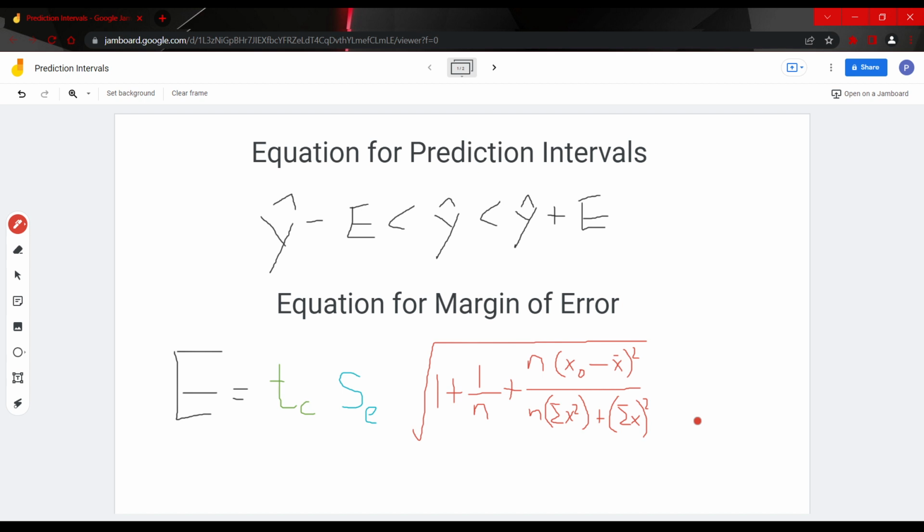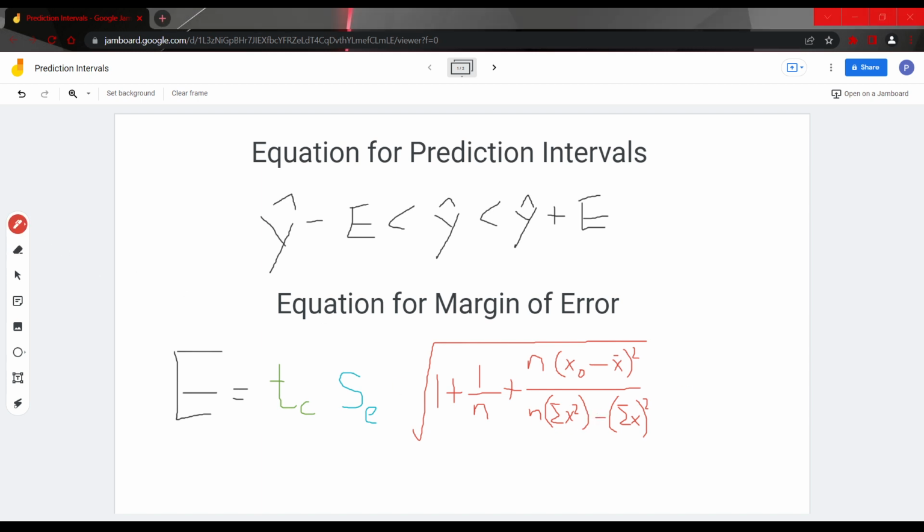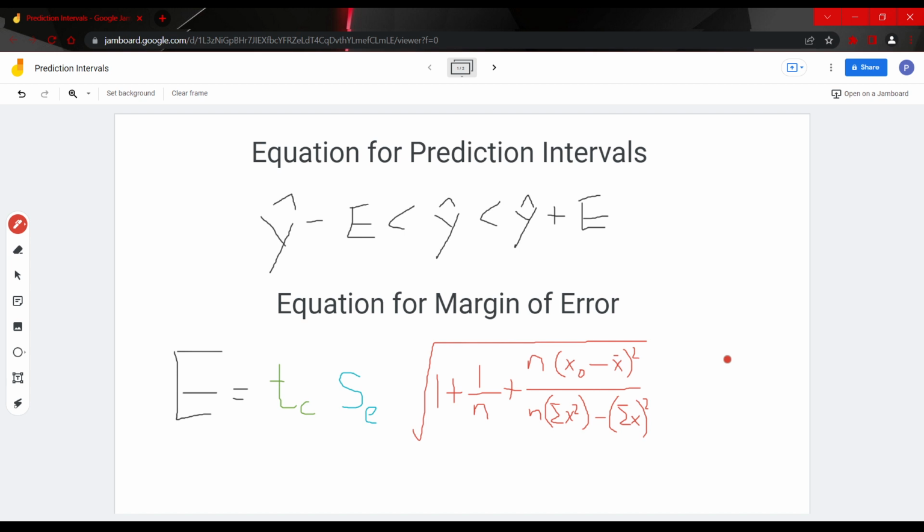Let me just double check. Oh, sorry, this bottom part is a minus.